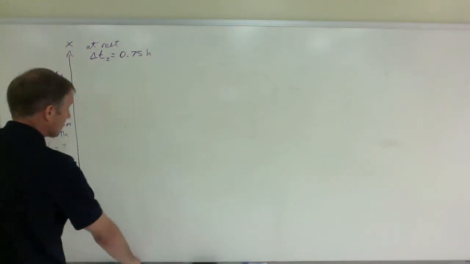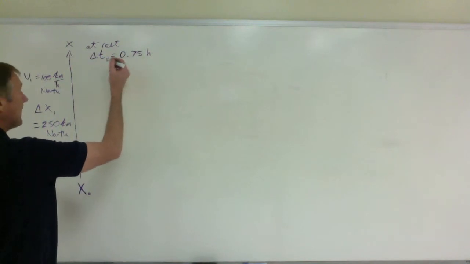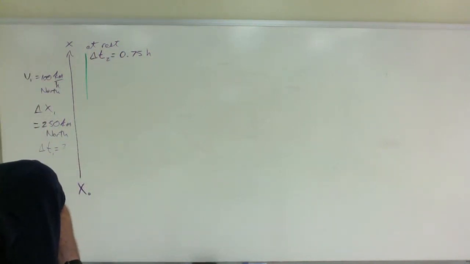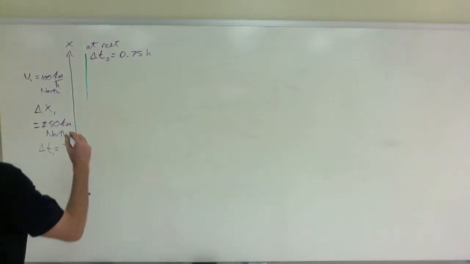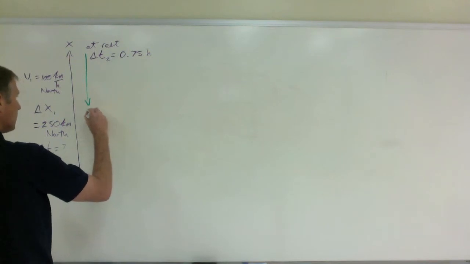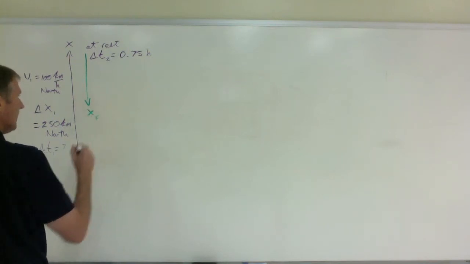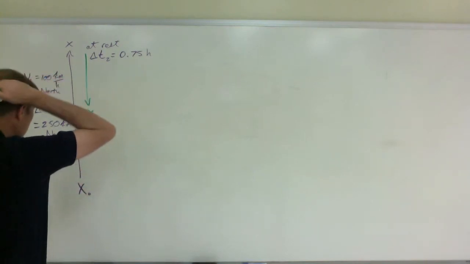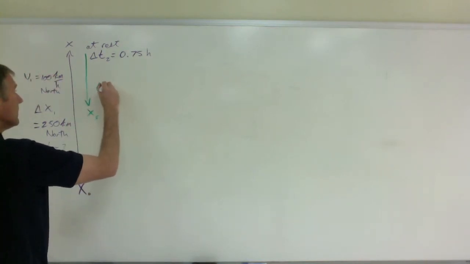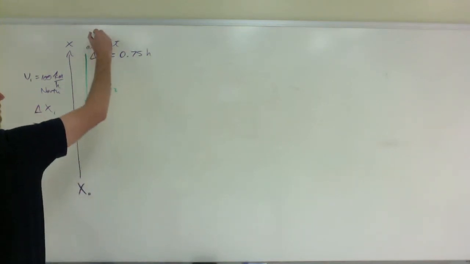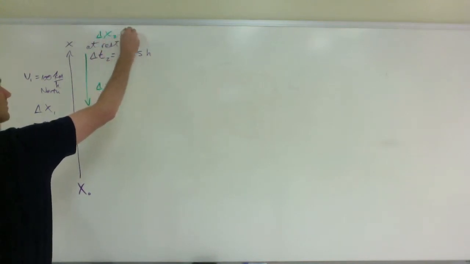I'm going to use a different color for the heck of it. After that time period, she travels down here, 100 kilometers south. I'm going to put that as xf for the final position, and that is a delta x. I'm using a 3 here, because this is the third leg of the journey. In the second leg, she doesn't go anywhere.